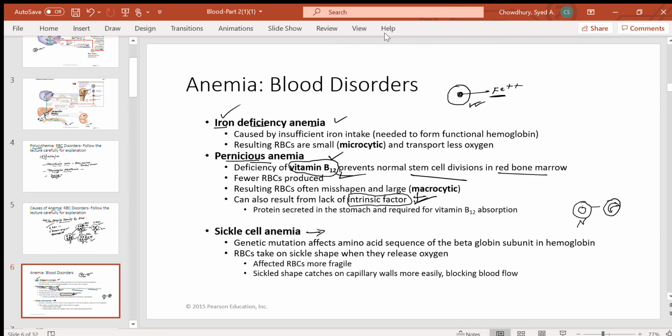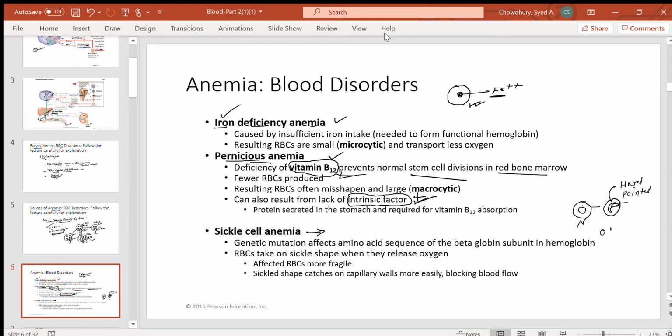Both ends are pointed, and this is hard, not soft, crystal-like hemoglobin, with pointed ends. This hemoglobin is not capable to bind and transport oxygen. Okay, and since the shape of the hemoglobin changes, this is a hereditary disorder. It happens due to an abnormal amino acid.